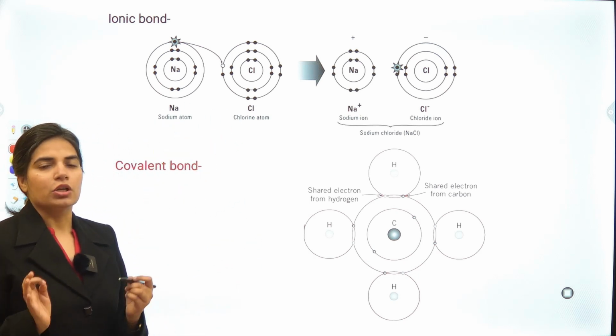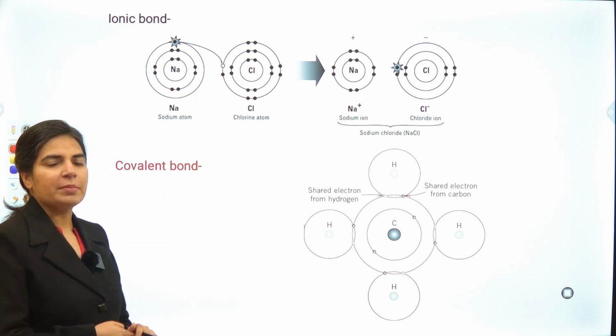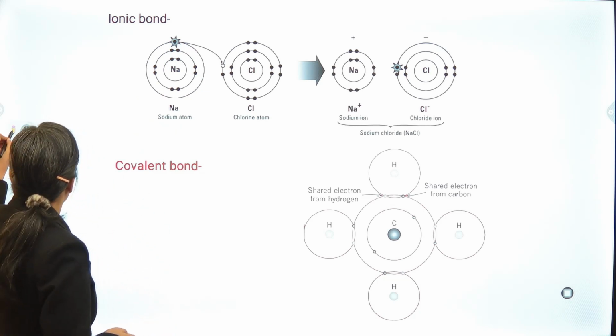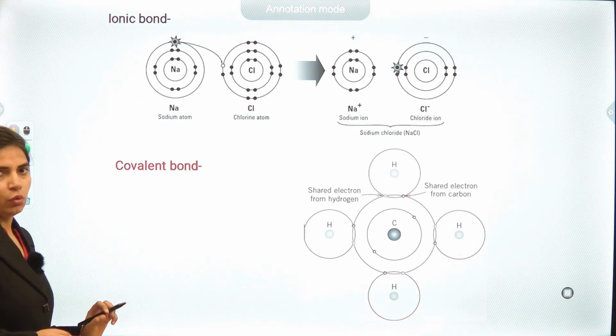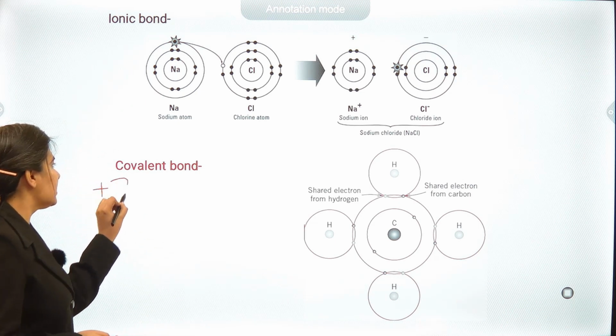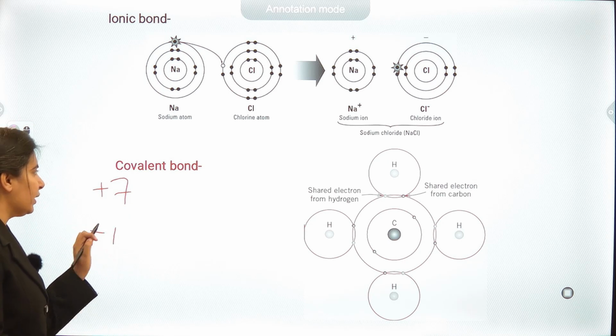We know that sodium is a metal and in the outermost shell, sodium is having 1 electron. Now, to satisfy octet rule, sodium either has to gain 7 more electrons, or sodium can lose 1 electron.